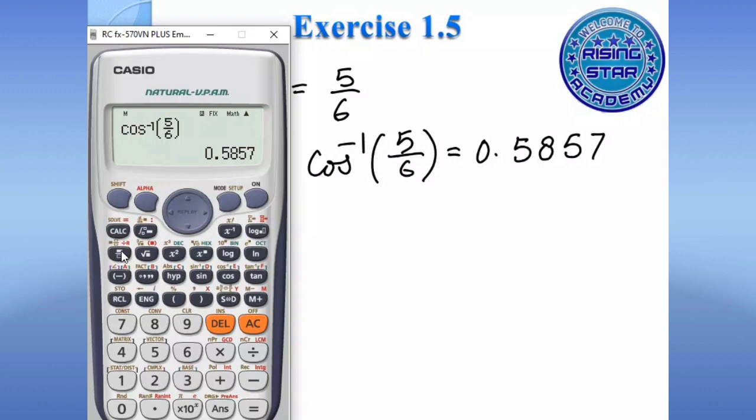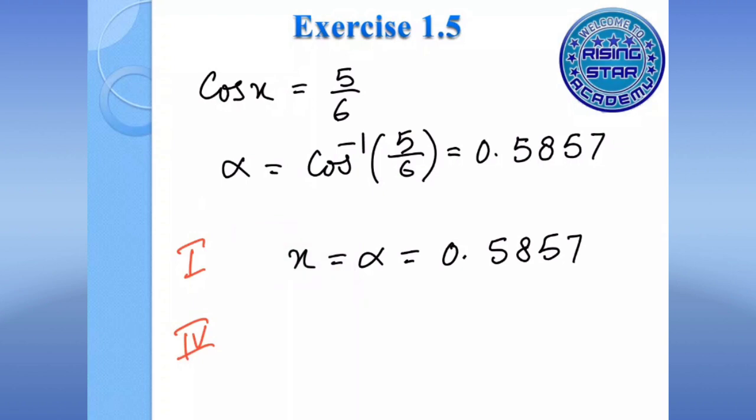So in the quadrant number 1, our x would become equals to alpha, so that would be 0.5857. And the next, for the fourth quadrant, we have x is equals to 2 pi minus 0.5857.